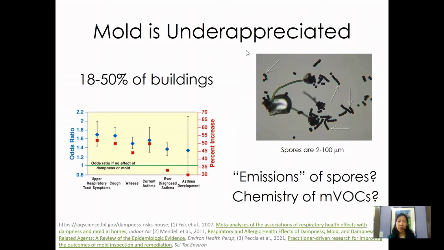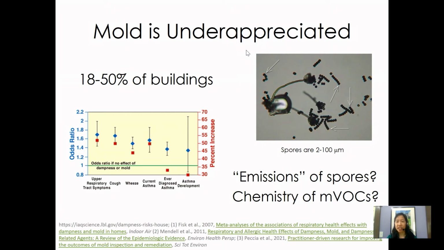Lastly, on the microorganisms, I don't study this, but I think mold, which is a subset of fungi, is vastly underappreciated. Of all the calls and emails I'd gotten from the public before the pandemic, at least, I would say 90% of them were related to mold. And so mold is thought to be a problem in anywhere from 18 to 50% of buildings in the US. Mold releases spores.